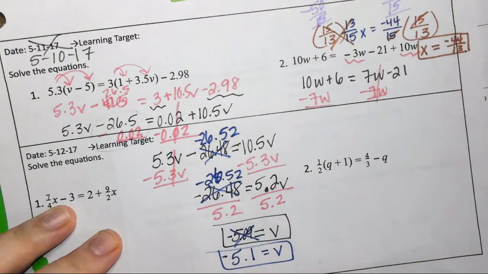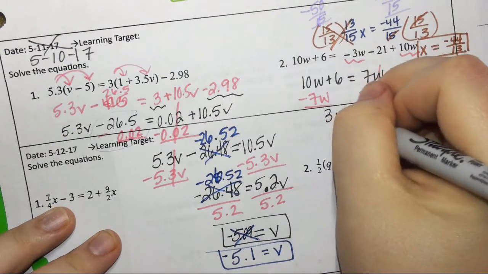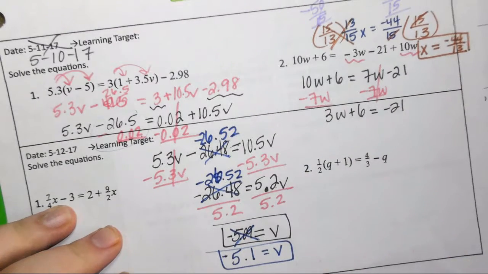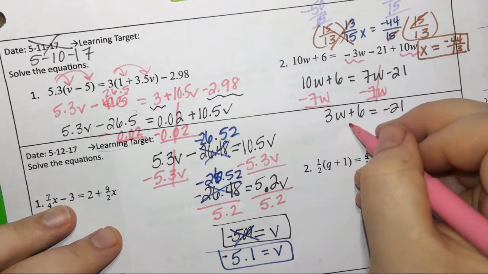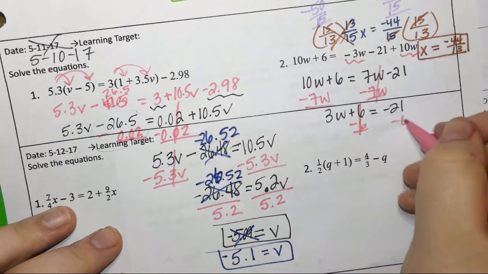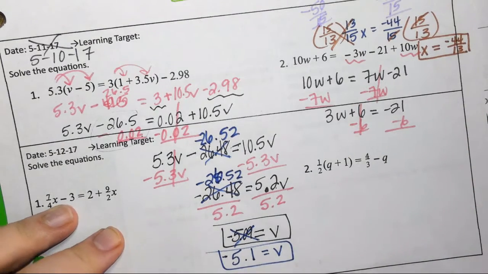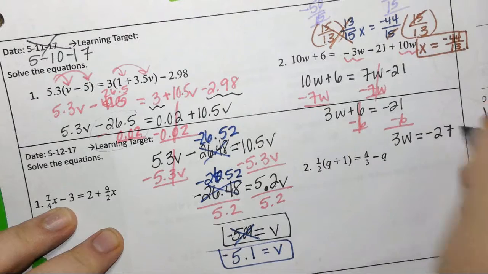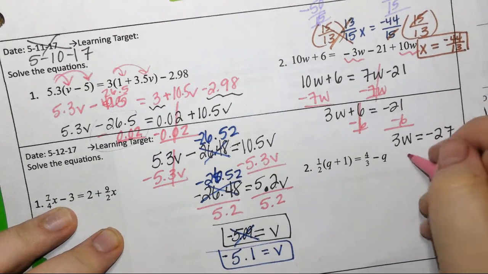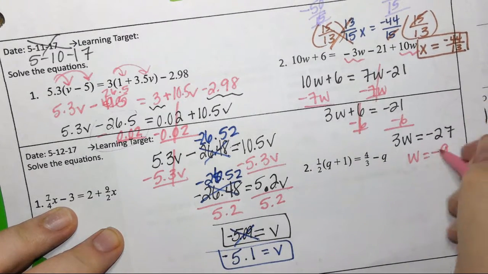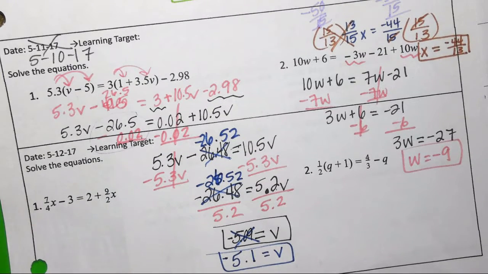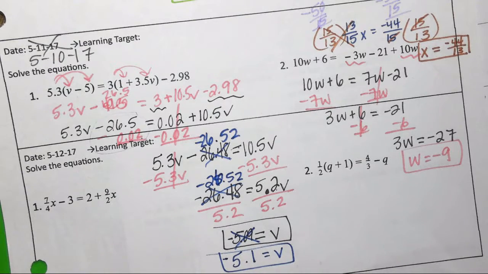I would have 3w plus 6 equals negative 21. I could subtract 6 from both sides. I'll get 3w equals negative 27. So w equals negative 9. That one's so much easier. I don't know why whoever made the bell ringers so late put the harder ones on the right. Strange.